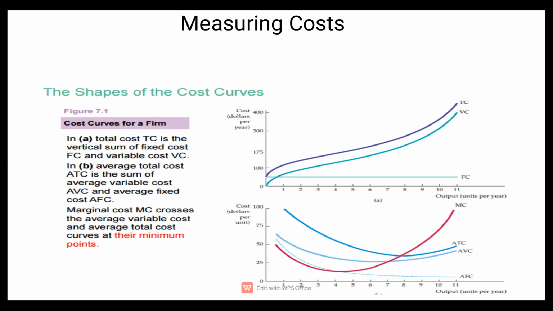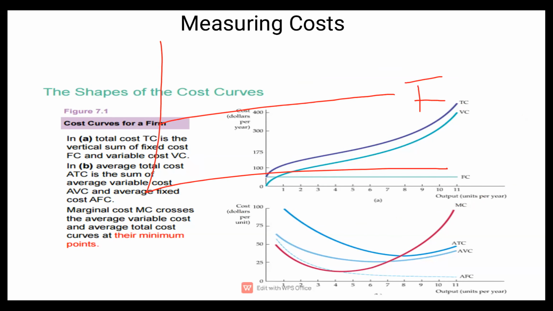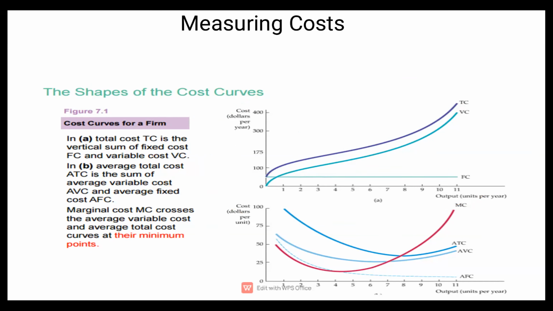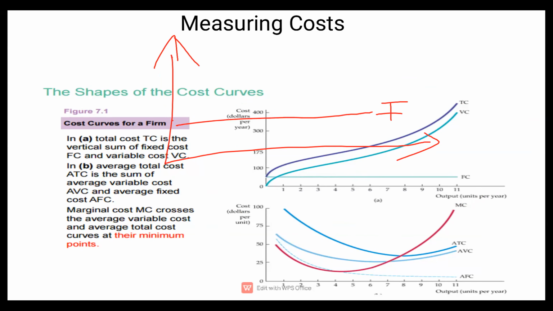Okay, total cost is the sum of fixed cost and this is our variable cost. Let's have this as our horizontal axis, our fixed cost, then our variable cost is crossing here.